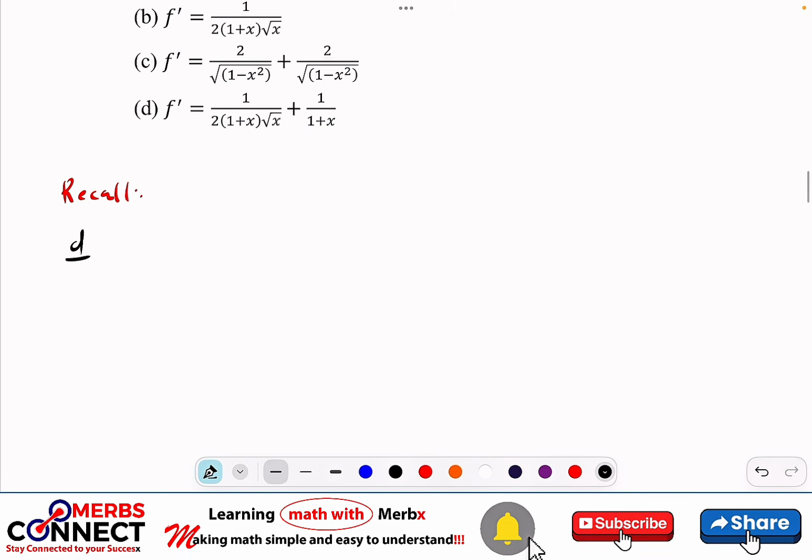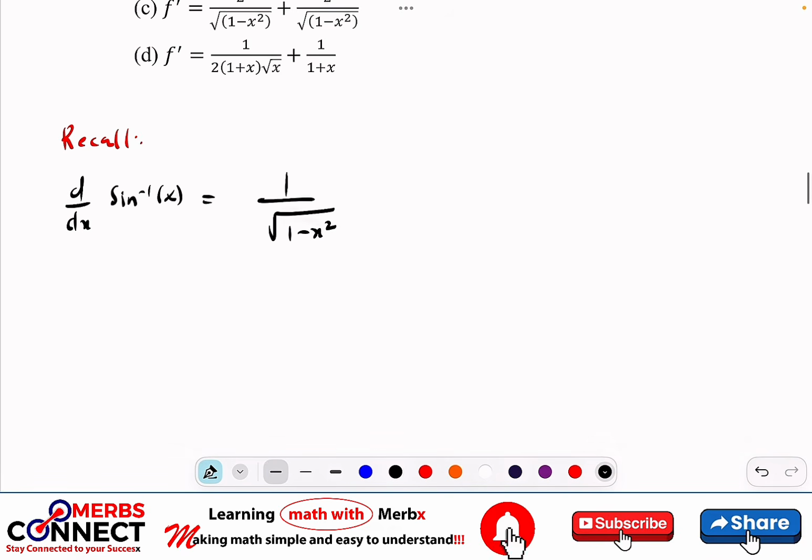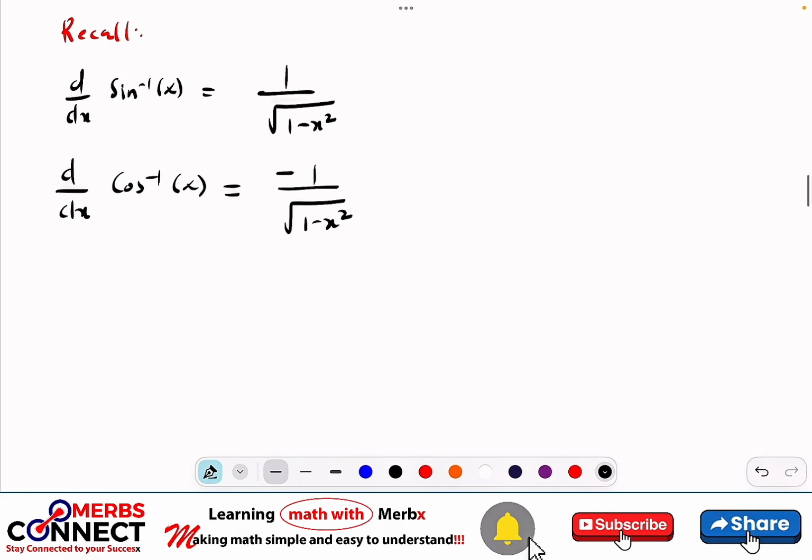when I differentiate sine inverse of x, this is equal to 1 divided by square root of 1 minus x squared. When I take the derivative of cos inverse of x, this is minus 1 divided by square root of 1 minus x squared.